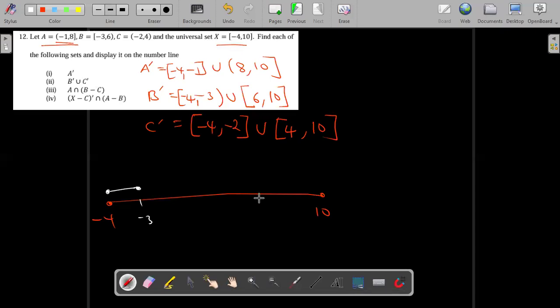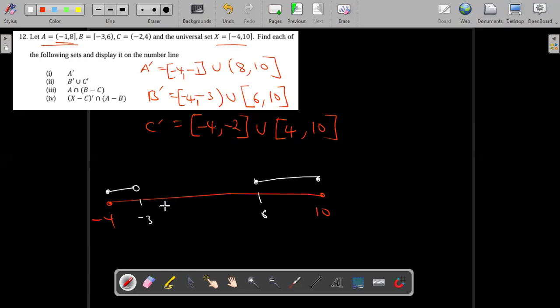Then union from 6, let's say 6 is here. Oh, it's open here, not closed. So if it's open here, leave an open interval there. Then it's closed at 6, so closed here, and all the way and closed at 10.